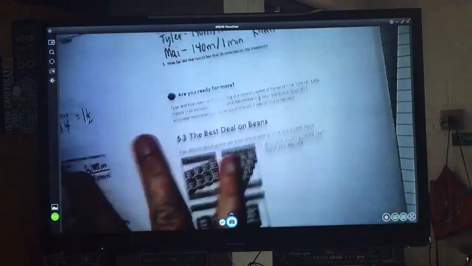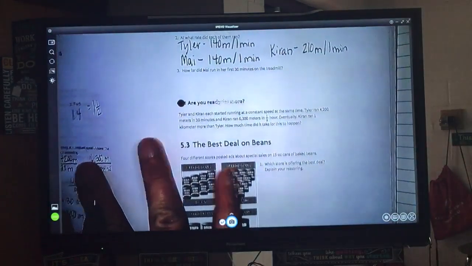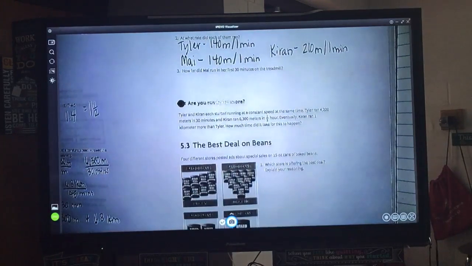All right, and then for number 3, it says how far did Mai run in her first 30 minutes on the treadmill? And please explain how you found this or figured this out. All right, Jackson. 4,200.